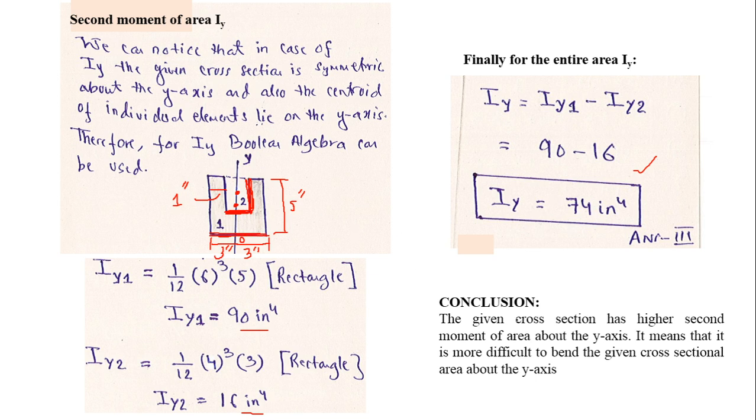So this given cross section has a higher resistance to bending about the y-axis compared to the x dash axis. When a vertical load is applied, this cross section will bend about the x dash axis more easily compared to the y-axis. So please go through this question thoroughly, and we will meet in the next lecture.